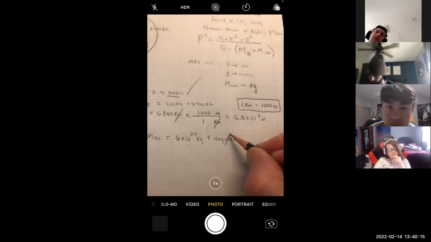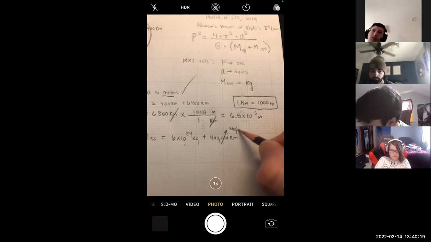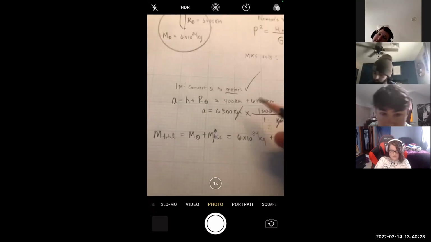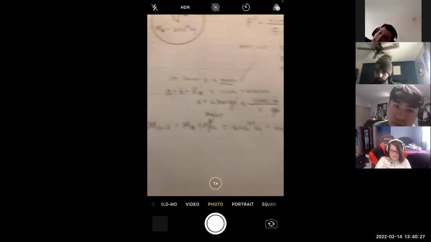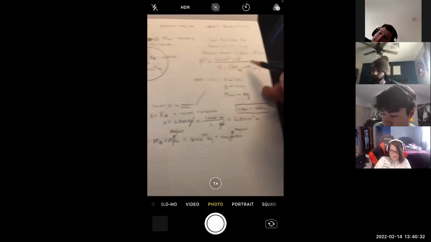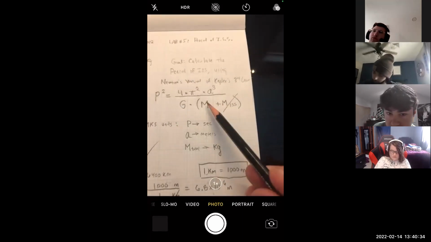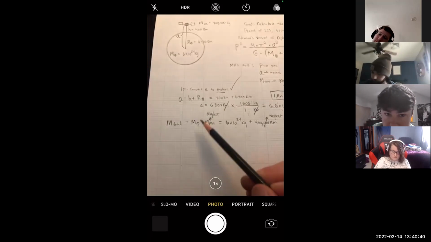The total mass of the system is such that we can neglect the mass of the I.S.S. You cannot always do that, but this is a trick you can do sometimes. You kind of have to know when to neglect. That means this total mass is really just going to be the mass of Earth. So M total is approximately just the mass of Earth.